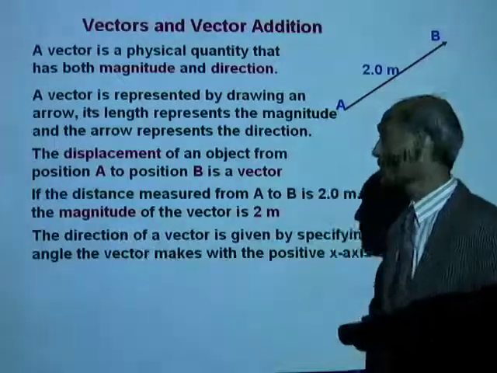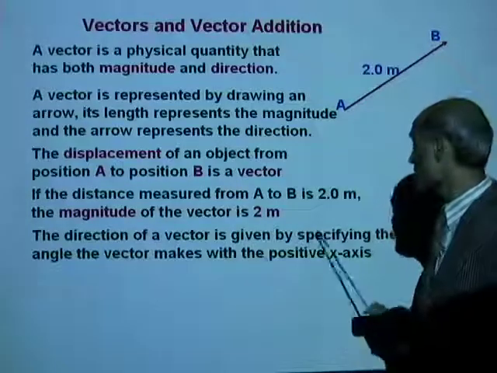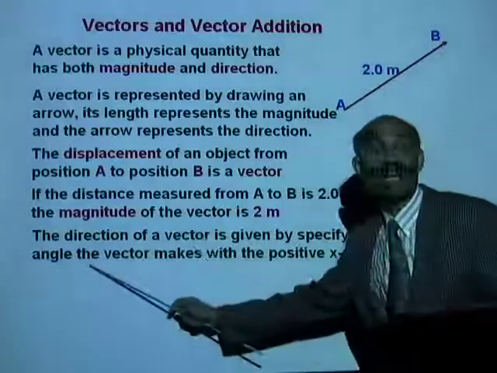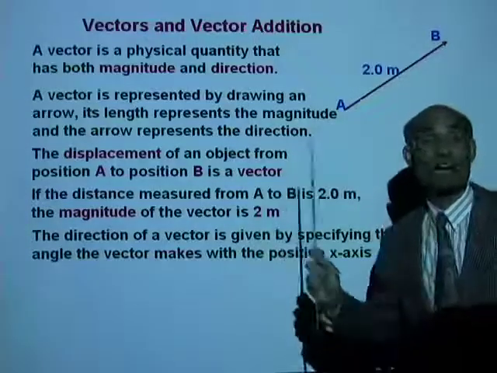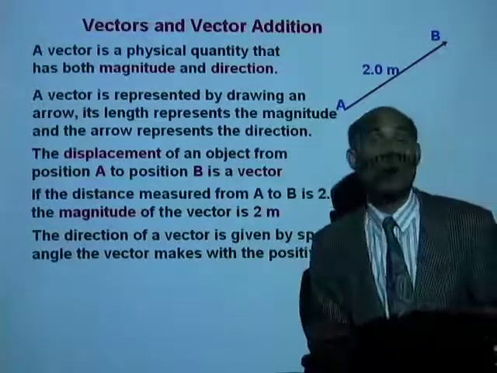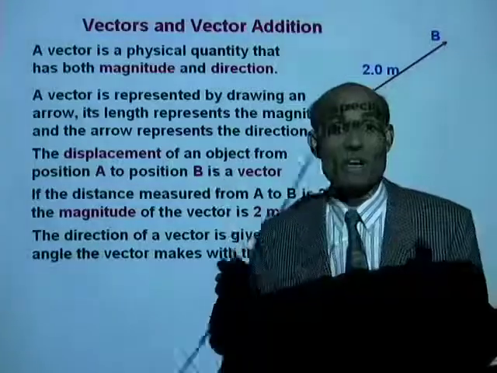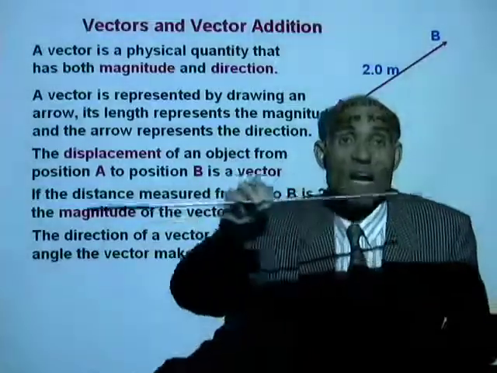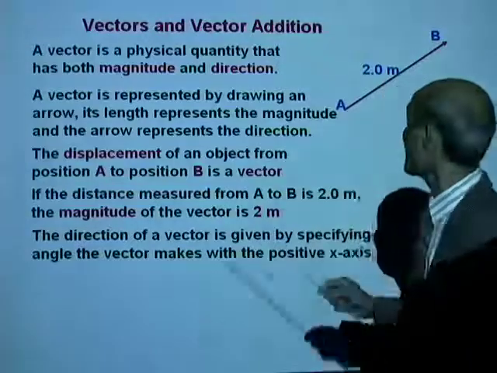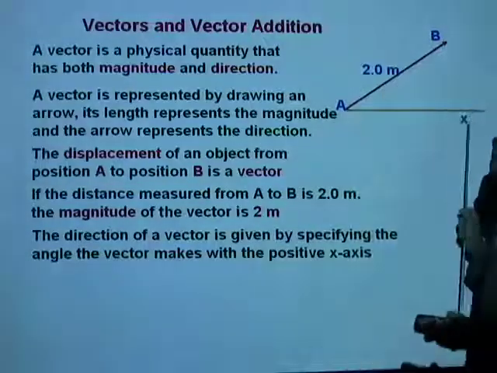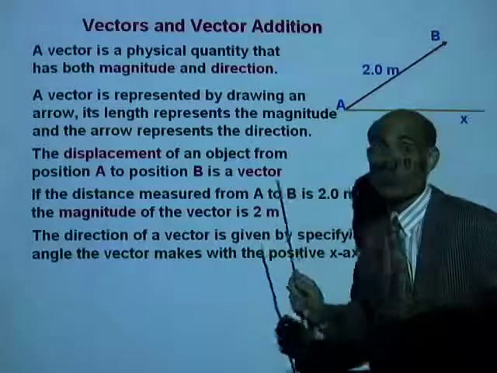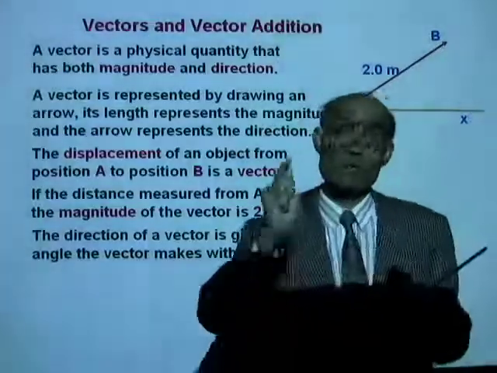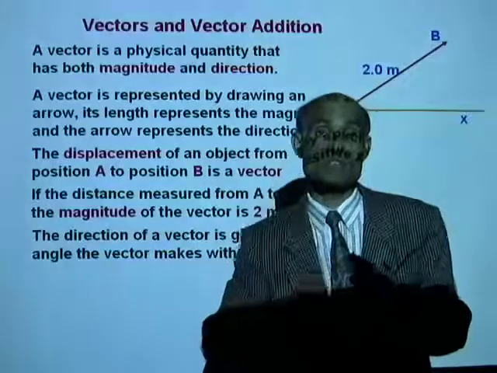The direction of a vector is given by specifying the angle the vector makes with the positive x-axis. So whenever you want to draw a vector, always draw the positive x-axis. Here I have the positive x-axis and the angle measured. Remember, an angle can be positive or negative.